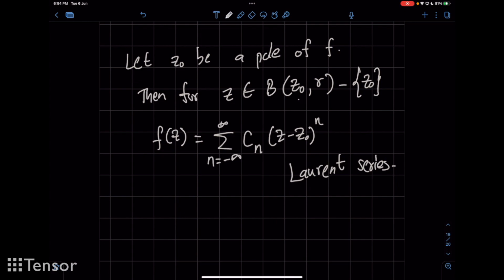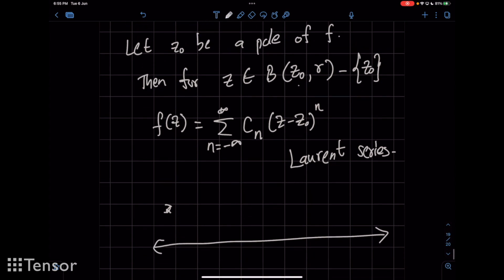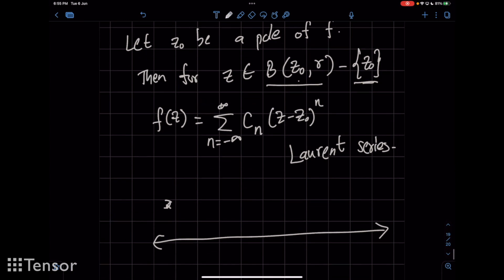And in fact, we have another theorem. Yes, it converges in this open ball with the center deleted.